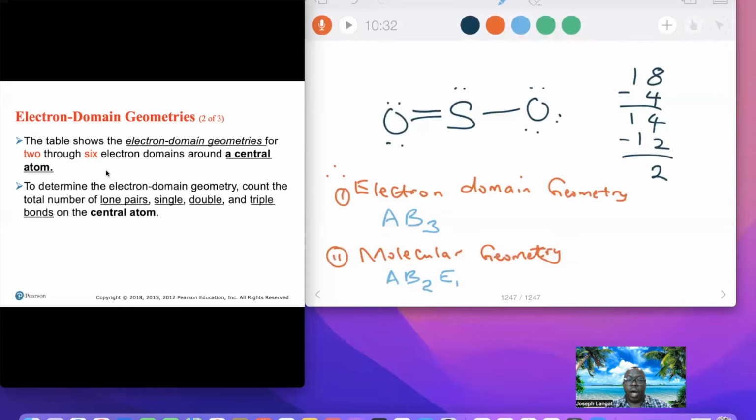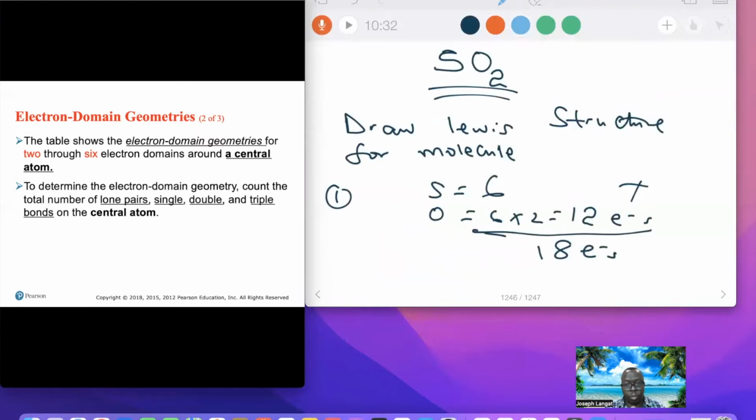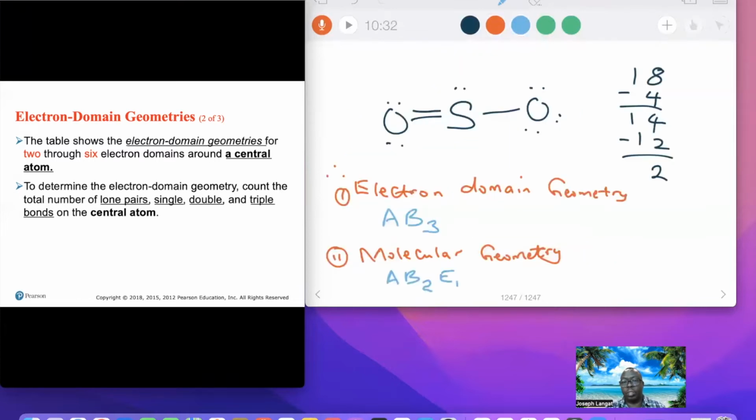In order to state the electron domain geometry and molecular geometry for sulfur dioxide, draw the Lewis structure, pay attention that the octet rule is satisfied on the central atom, and then use the valence shell electron pair repulsion table to predict the shape.